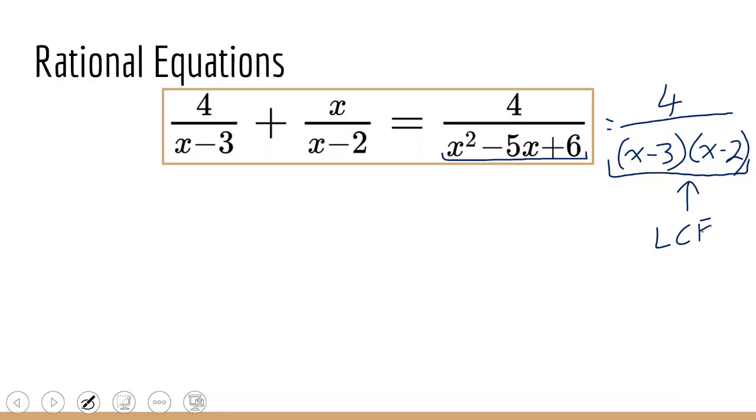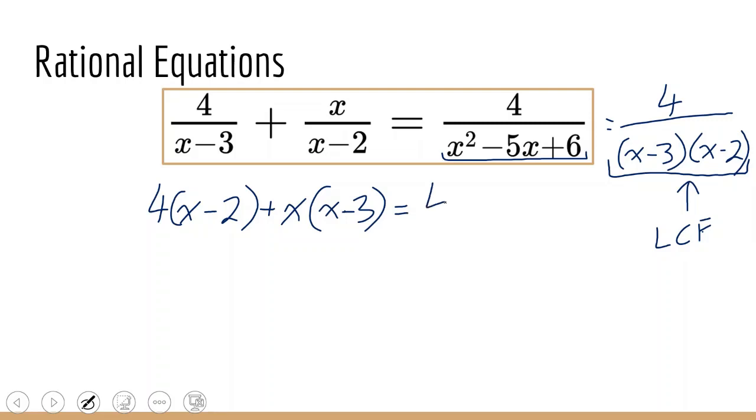So let's go ahead and multiply all our terms by our lowest common factor. When we do this, we would get 4x minus 2 plus x minus 3 is equal to 4. So we can expand and collect the like terms.